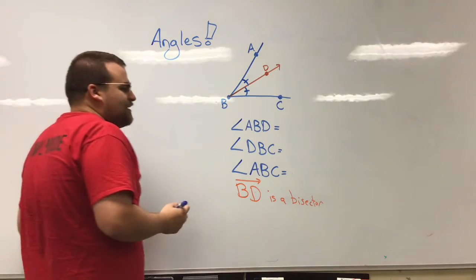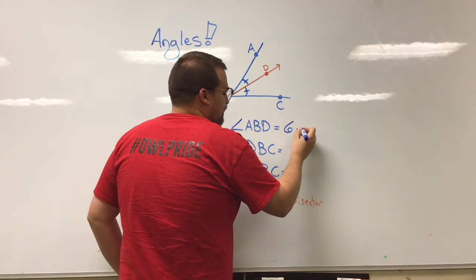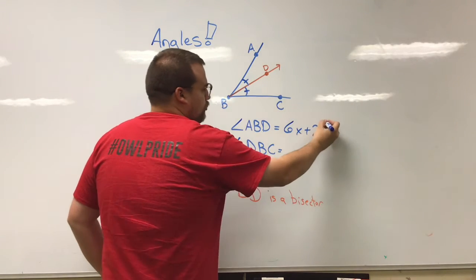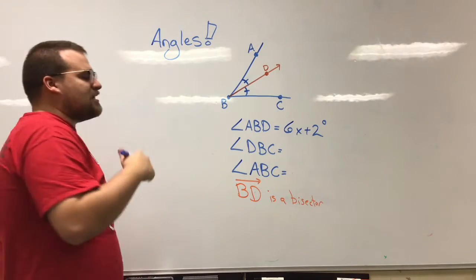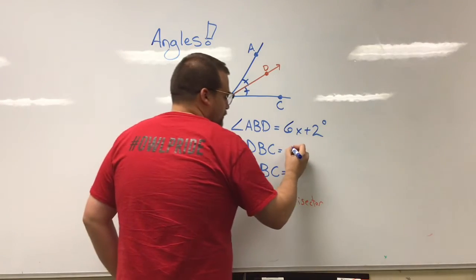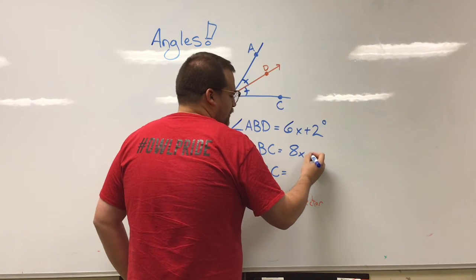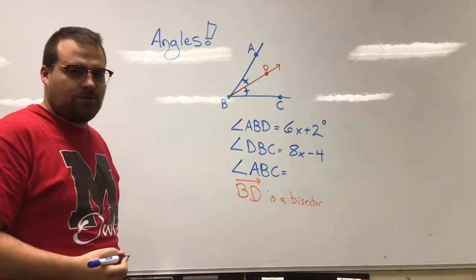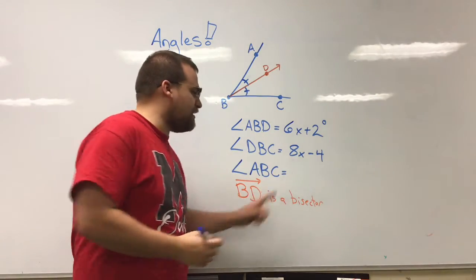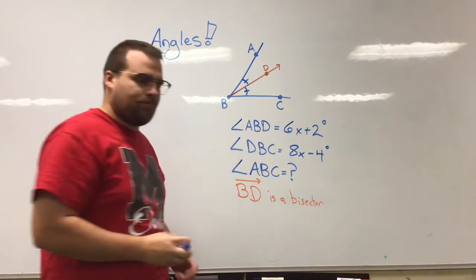So let's say ABD is, I don't know, 6x plus 2 degrees. And let's say DBC is, oh, I don't know, 8x minus 4 degrees. And we want to find out how many degrees is angle ABC.